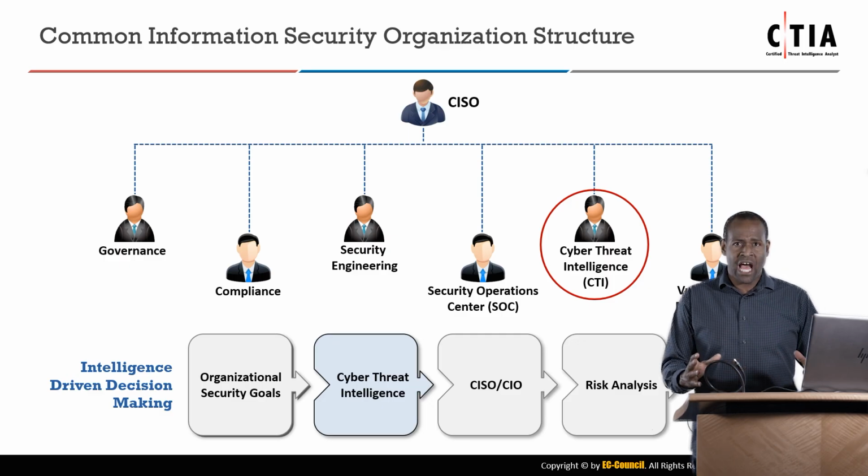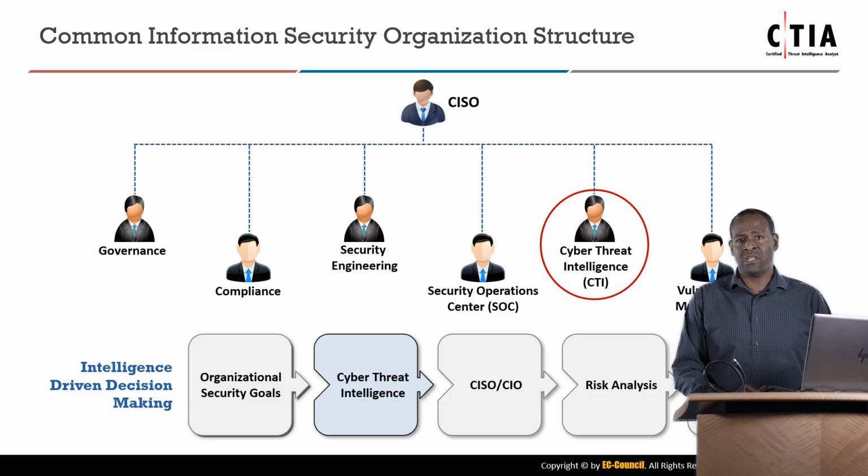If you do not have the appropriate organization, then you are making your organization vulnerable to various types of attacks. Let's have a look at the organization that's required to make sure you're ready.